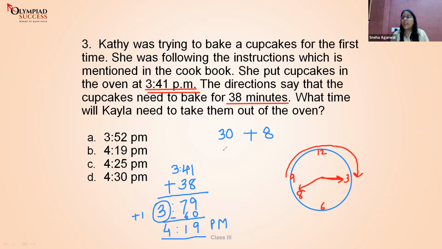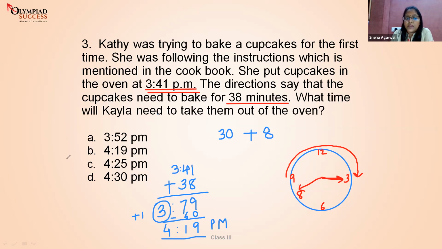And then 4:11 will be 30 minutes. And now you need to add 8 more minutes to it. So 4:11 plus 8, what will be the value? 4:19. Now is that clear? So you are just going to add 30 minutes and then 8 minutes, or you can straight away add 38 minutes, whichever you feel comfortable with.